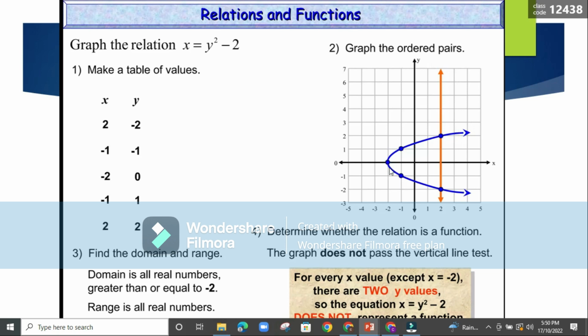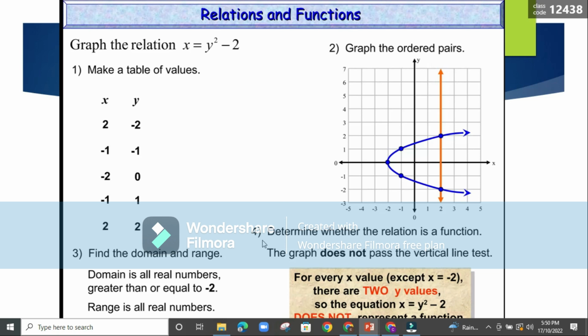All real numbers greater than or equal to negative 2. So, the x values are going there. Greater than or equal to negative 2. And the range is all real numbers because this goes on going up and this is going down. So the range or the y values will be all real numbers.